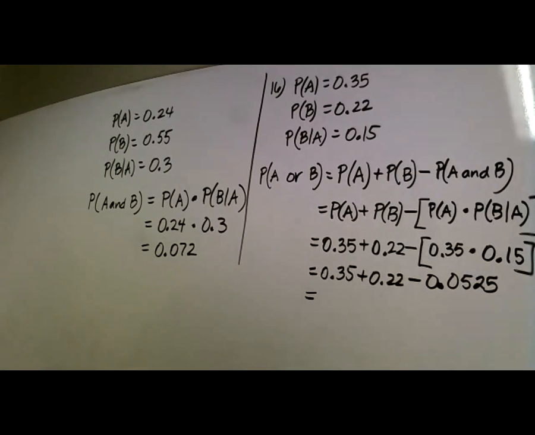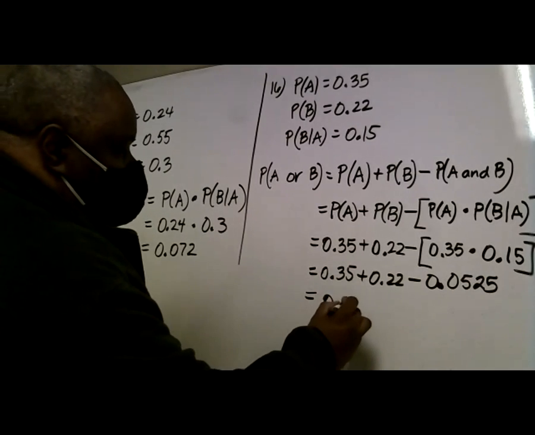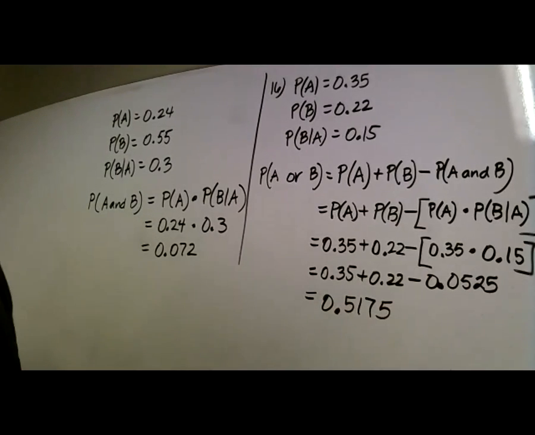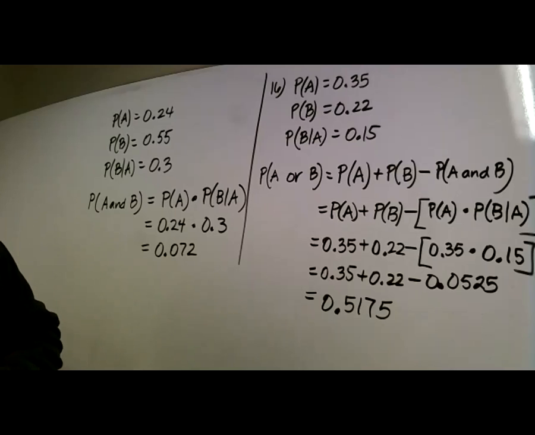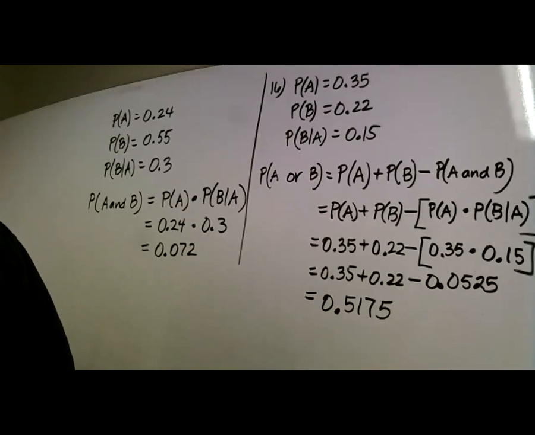And that would be how much? 0.5175. That would be the probability of A or B. All right, any questions about problem number 16?